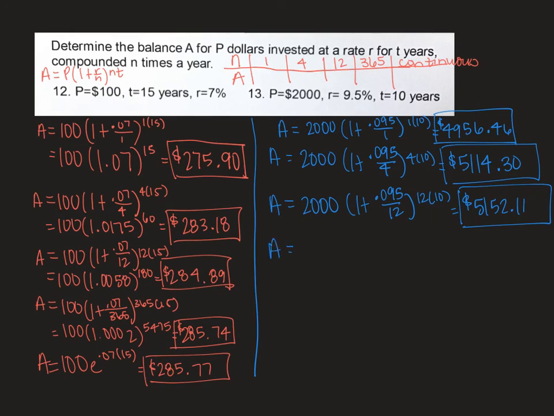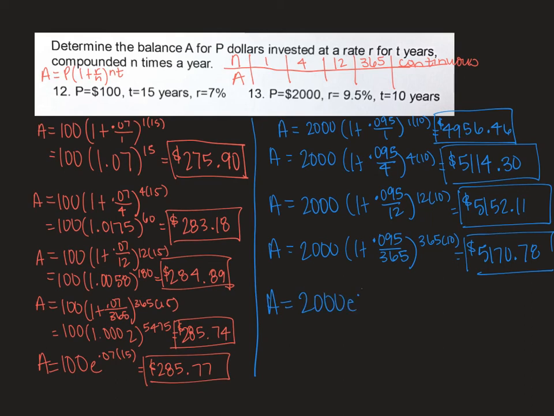Every day is going to give me 5170.78. And if I have a continuous compound, it's going to give me a total of 5171.42.